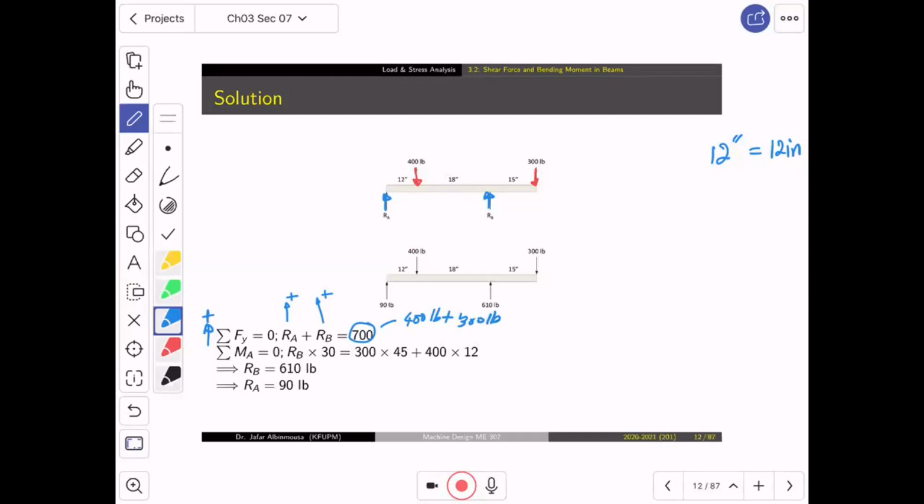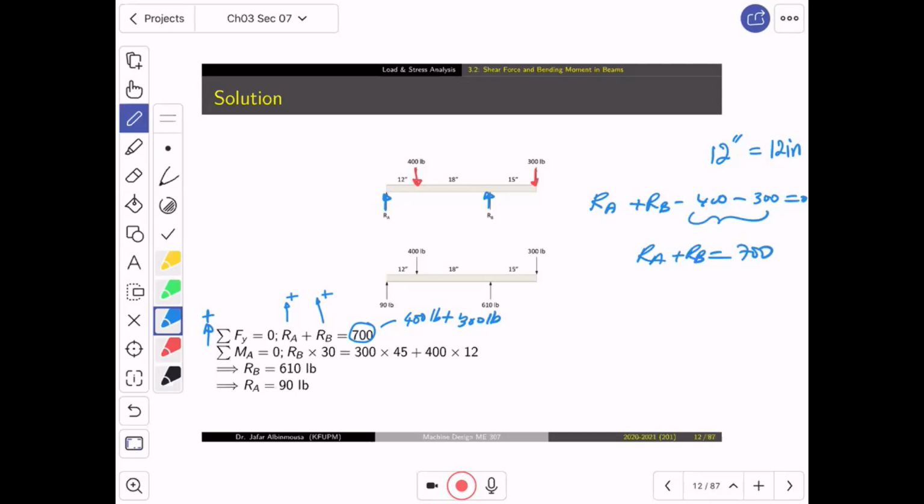Because, ya akhwan, if you remember, we say RA plus RB minus 400 minus 300 equals 0. So I sum these up and I end up with RA plus RB equals 700. That's it.